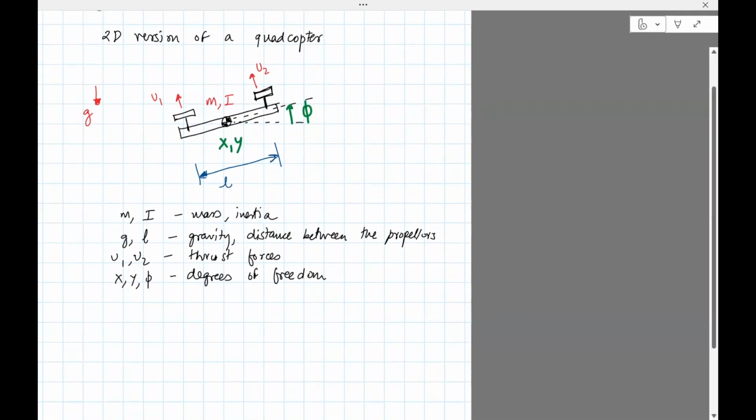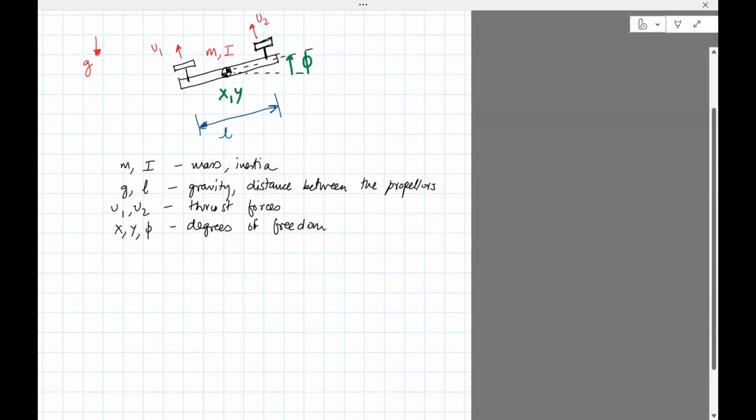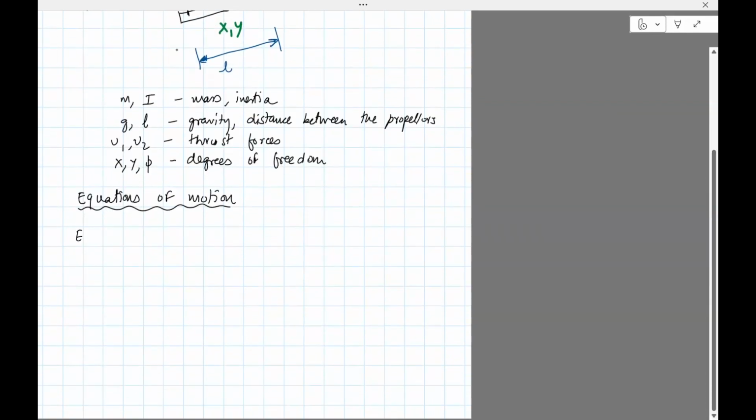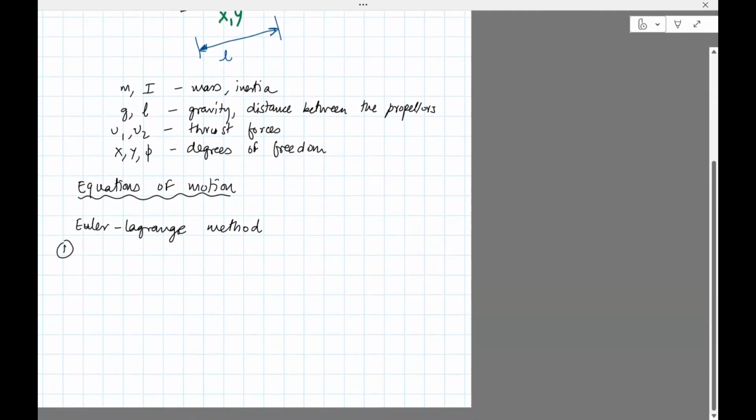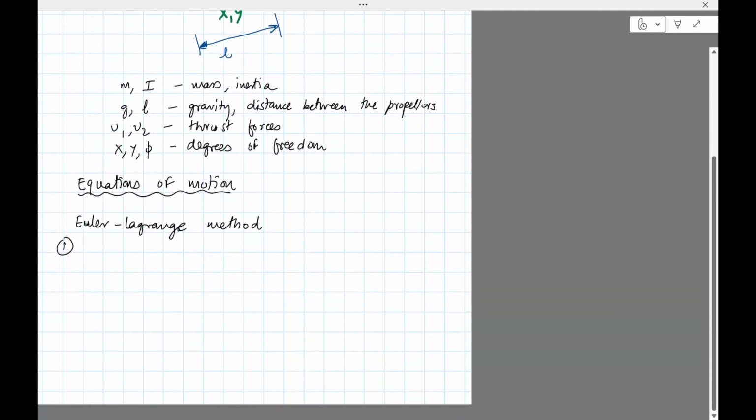Okay, so without the equations, we cannot do control. So let's think about deriving the equations of motion. We'll use the method we've learned so far, the Euler-Lagrange method. So here are the key steps. I'll just follow those steps in order to derive the equations.